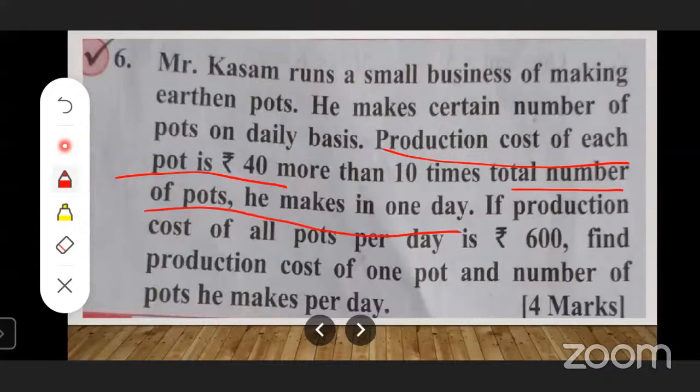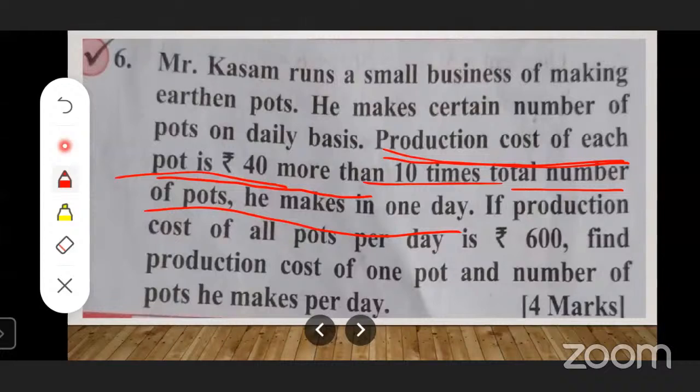Once you know that, we can write the production cost of each pot. What is the condition given over here? Production cost of each pot is rupees 40 more than 10 times the total number of pots he makes in one day. So if we assume the total number of pots he makes in one day is X, then we can find out the production cost of each pot.